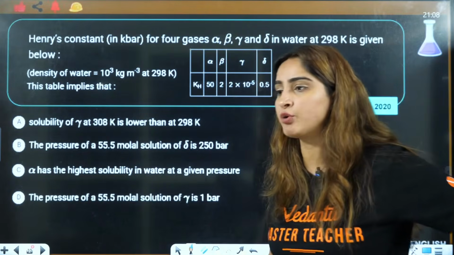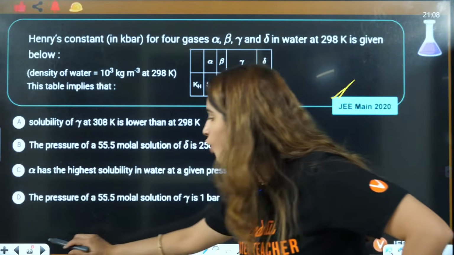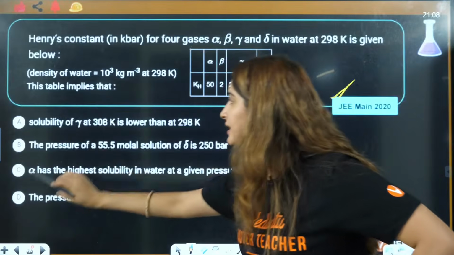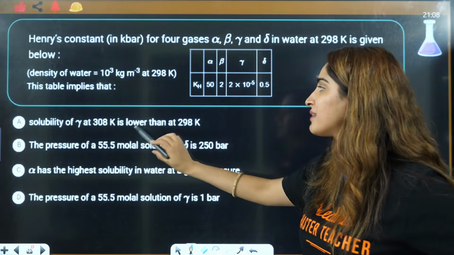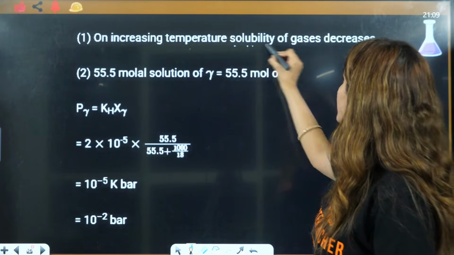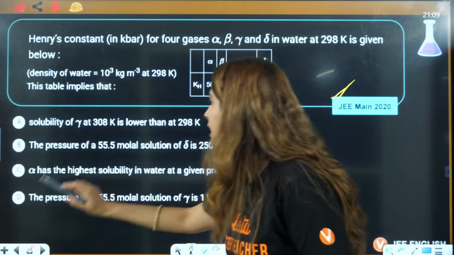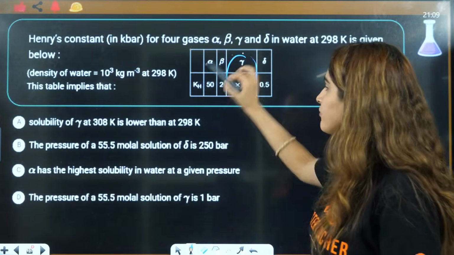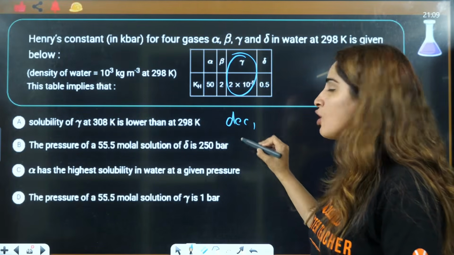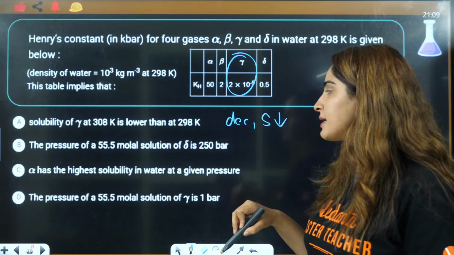This is all you have to tell. Everybody, let's see this. First you have to solve everything. First question: solubility of gamma at this temperature is lower than at this one. We know that on increasing temperature, solubility of a gas decreases. So for one gas, gamma, if we decrease the temperature, solubility will increase.